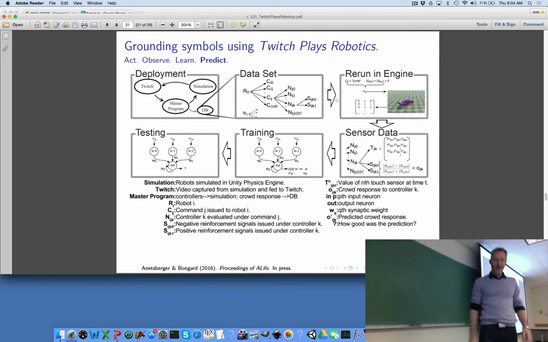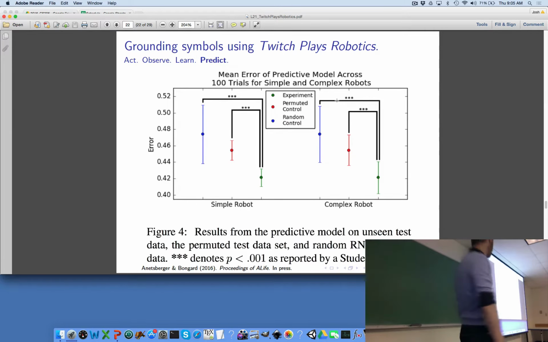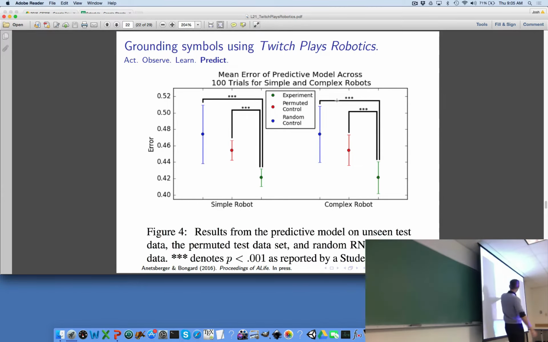The fact that this permuted control did worse than our actual experiment tells us that the crowd was behaving itself. Generally speaking, the crowd watched these 6,000 actions, and when the robot actually jumped, the crowd more or less said, thumbs up.